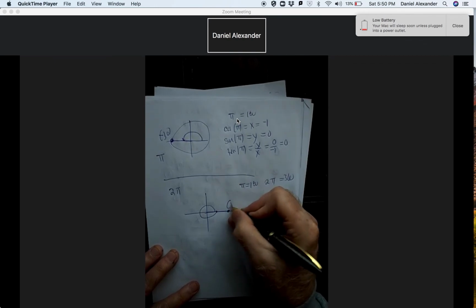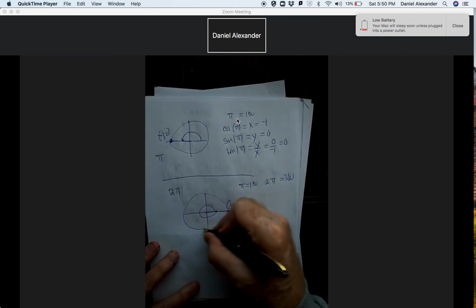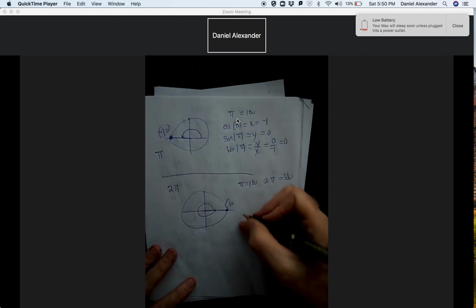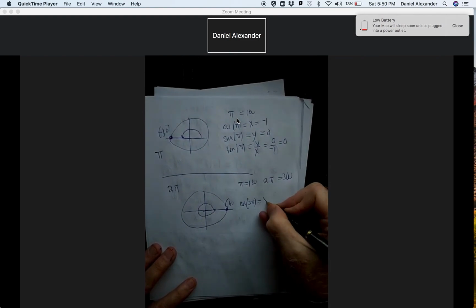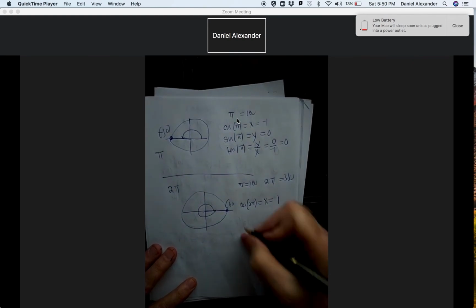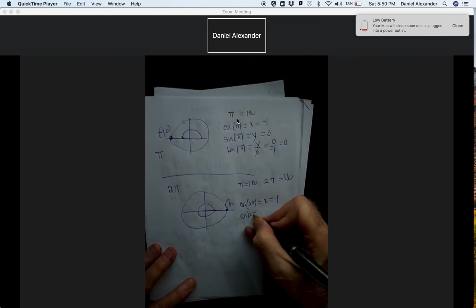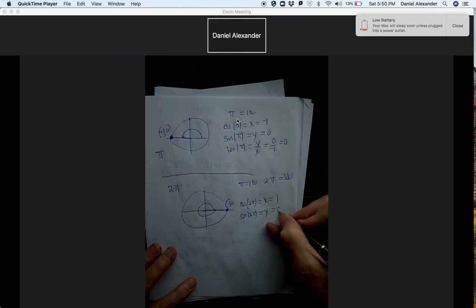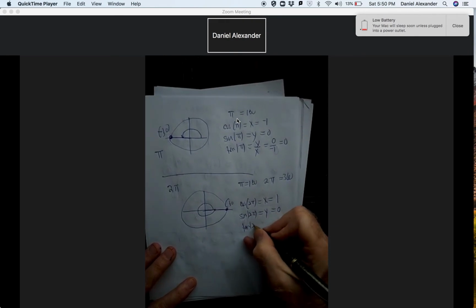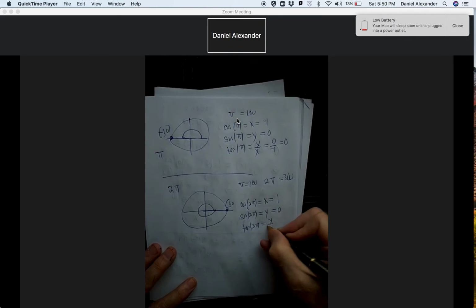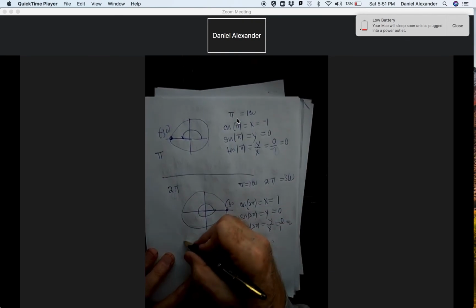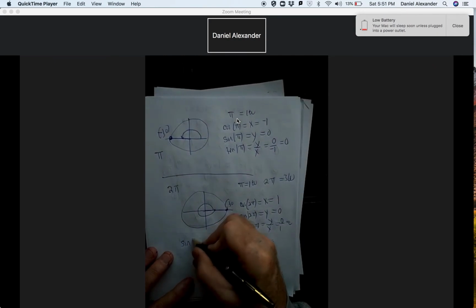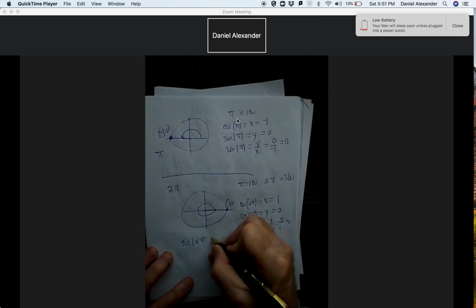This time, that's going to be the point on the unit circle 1, 0. Cosine 2 pi equals x equals 1. Sine 2 pi equals y is 0, and the tangent of 2 pi is y over x, 0 over 1 is 0. So here's our idea. The sine of k pi, 0.